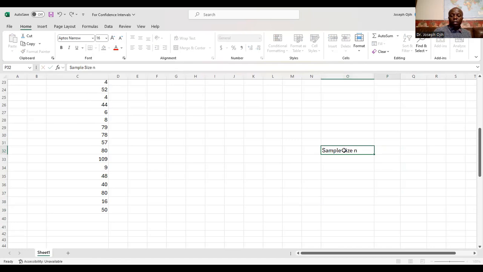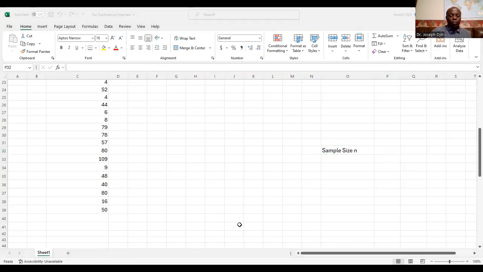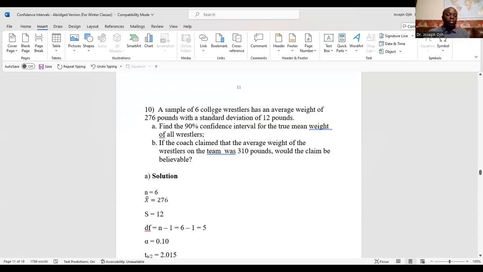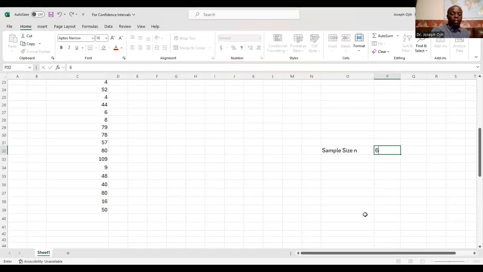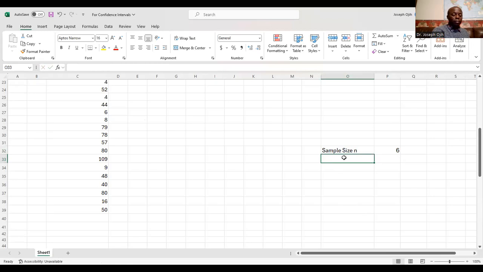For this particular example, you see how many wrestlers, 6 wrestlers were chosen. So the sample size will be 6.